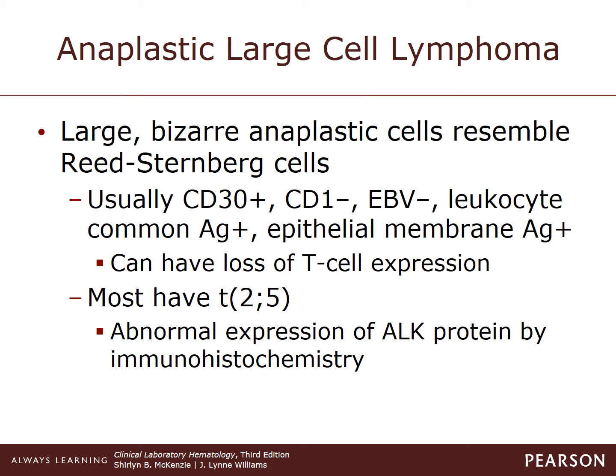These cells are positive for CD30, but they lack CD15 expression and any evidence of an Epstein-Barr virus infection. A lot of cases have a translocation of chromosome 2 and 5 that joins the nucleophosmin and anaplastic large cell kinase, or ALK, genes.